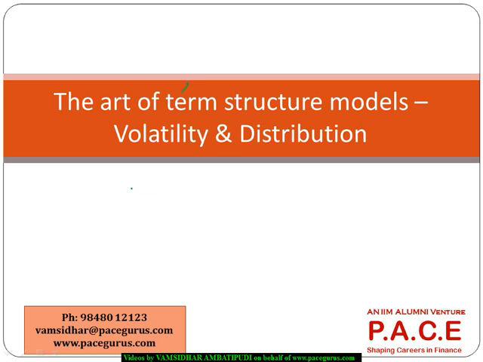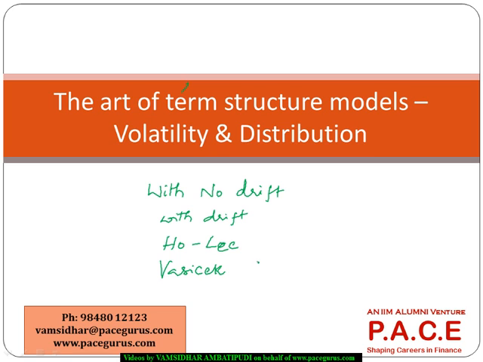Because in the earlier session, whatever the interest rate term structure models we have discussed, whether with no drift, or with the drift, or Ho-Lee, where time dependency drift, or Vasicek, where we were talking about mean reversion in the drift.